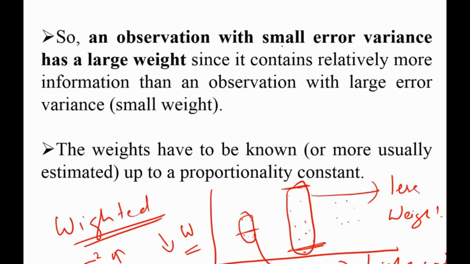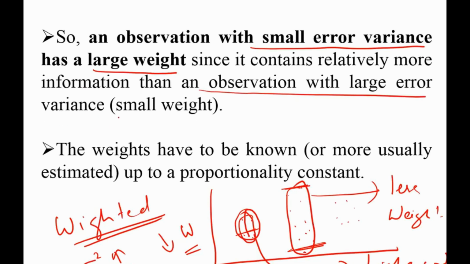So here the observation with small error variance has a large weight, and the observation that has large error variance will get a smaller weight.